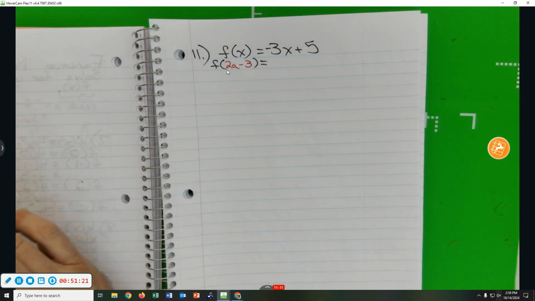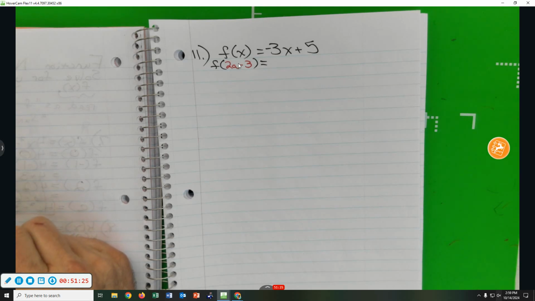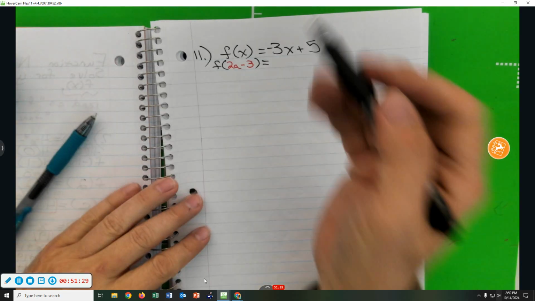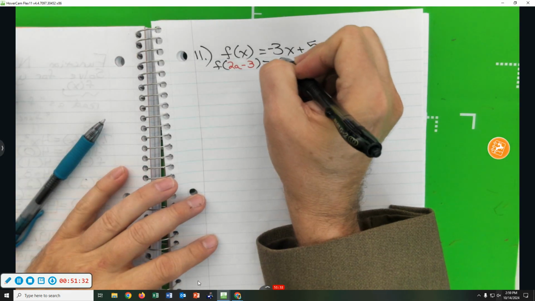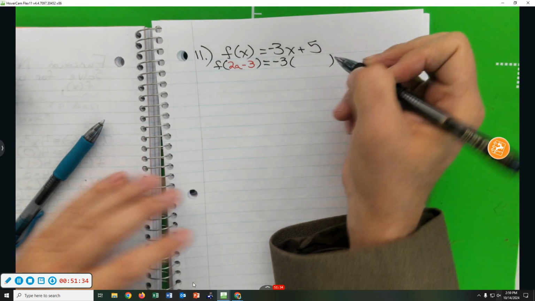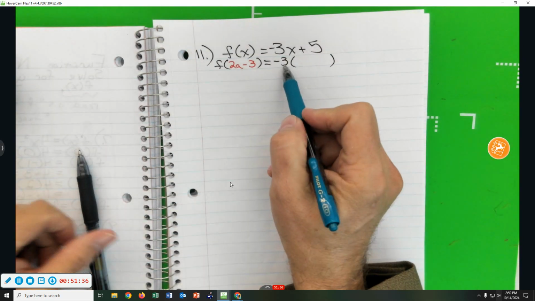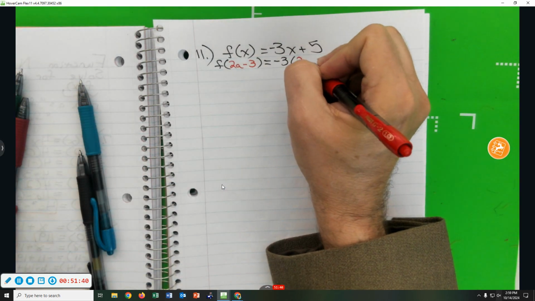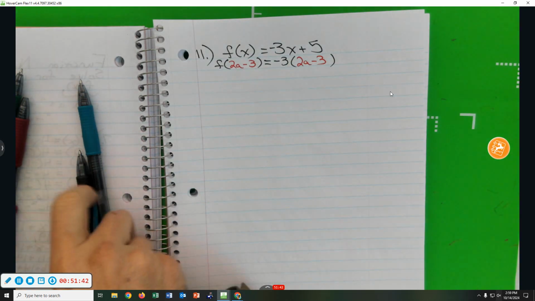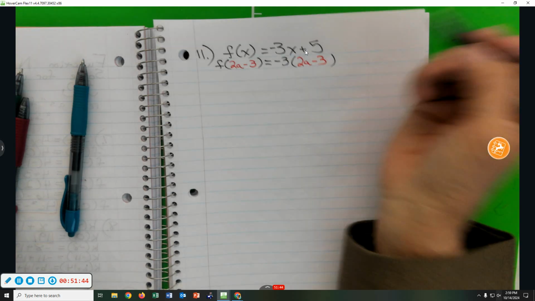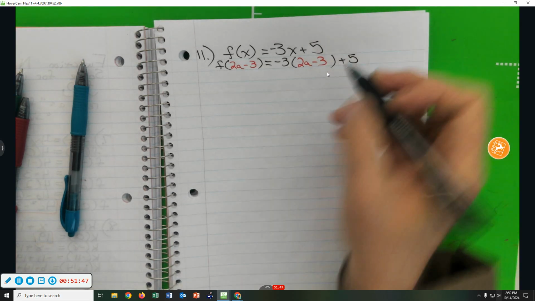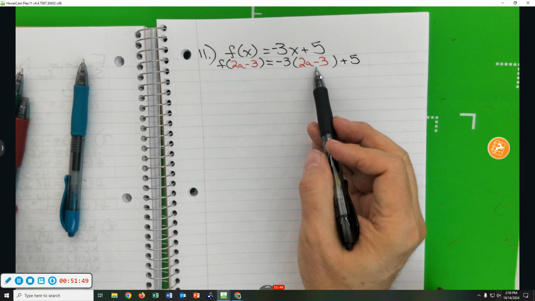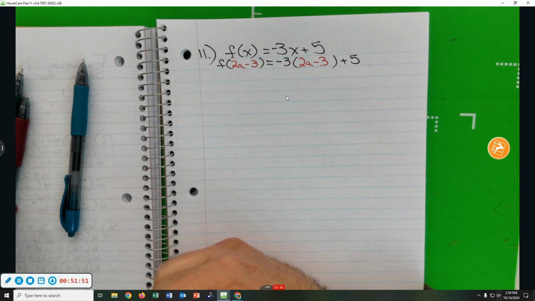We're going to go to our function f, and wherever you see a variable, replace it with 2a minus 3. So we have the x right there. We're going to have to multiply the negative 3 by 2a minus 3. We still have something stuck on here. What's stuck on? That plus 5. We're replacing the x with the 2a minus 3.